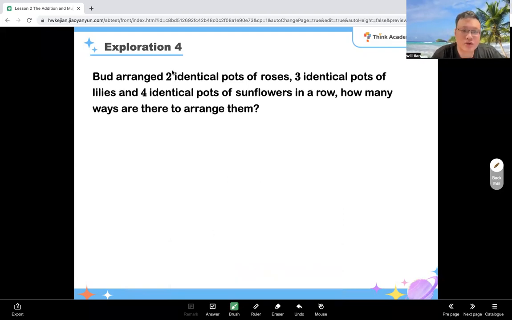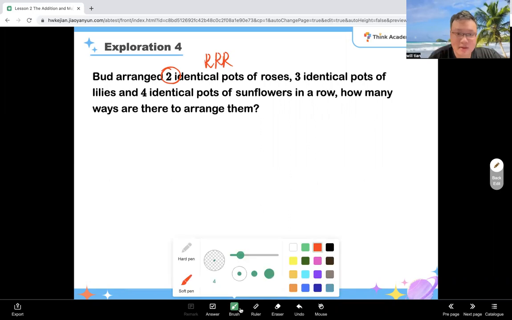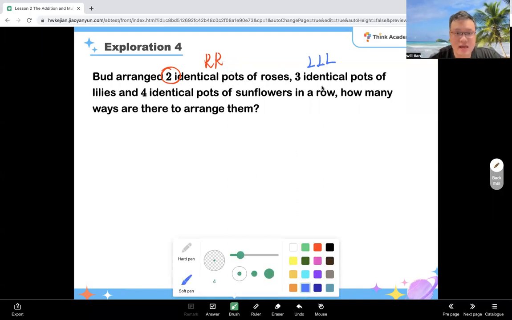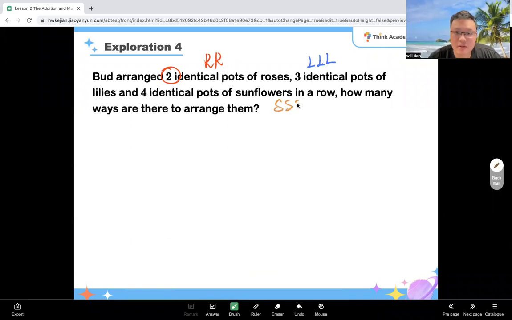And you will see that some of the flowers are the same, right? You have rose, rose. And also you have these 3 identical pots of lilies. So you have L, L, and L. Guys, sorry, it's gonna be 2. I write one more. The 2 roses, 3 lilies, and 4 sunflowers. So you have sunflowers, sunflowers, sunflowers, and sunflowers.